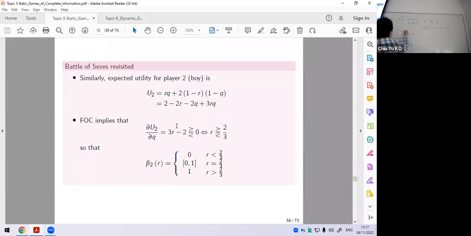So it's 1. Otherwise, it's negative. Okay? So you can see, as we expect, there are 2 pure strategy Nash equilibria here. Okay, the pure strategy, and there's a middle one that is purely mixed strategy. Okay, so actually we have 3 equilibria.